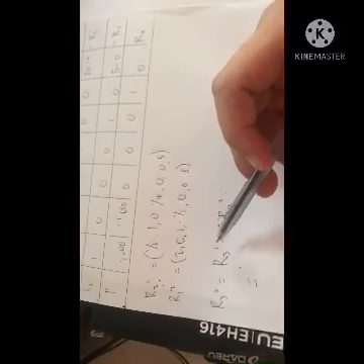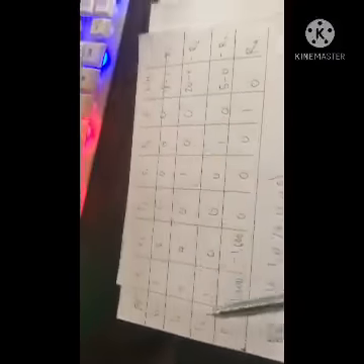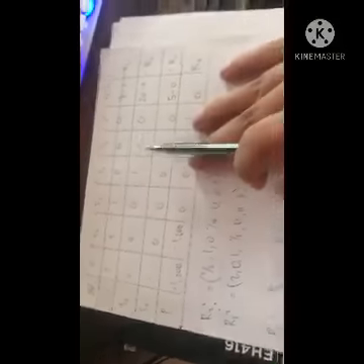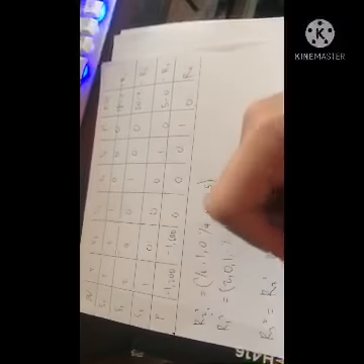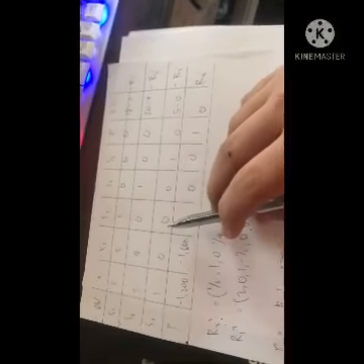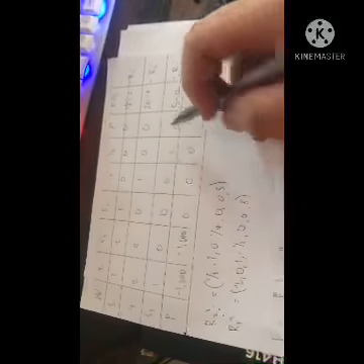So this is row 3 of table 1. So this is table 1, with the row 1, 0, 0, 0, 1, 0.